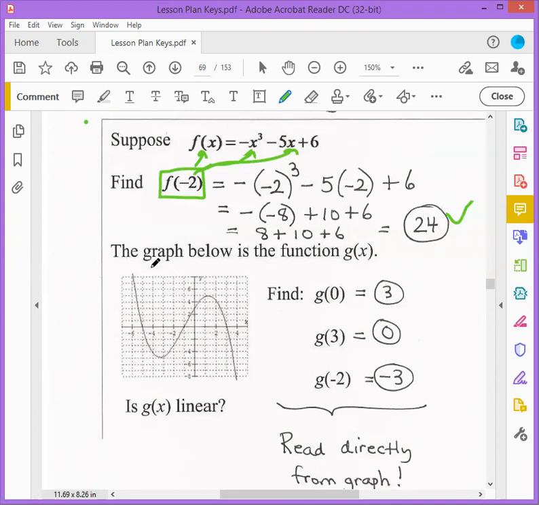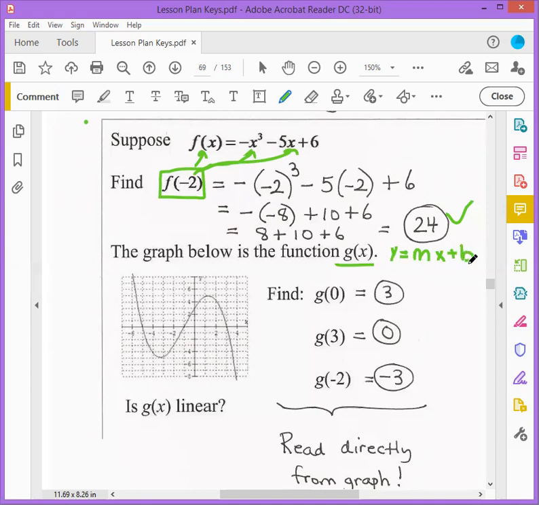In the second example, we're finding the value of a function g of 0, g of 3, and g of negative 2, but this time we aren't given an equation for that function, we're given the graph of the function. Now recall what this g of x means in terms of relating g of x to a linear function, meaning if this equation were written as y equals mx plus b, for example.